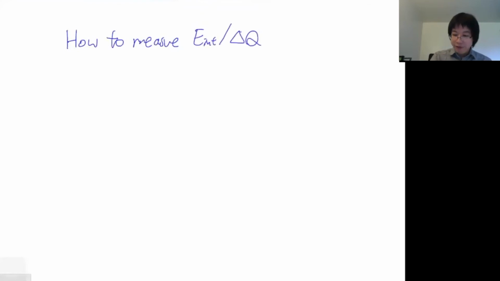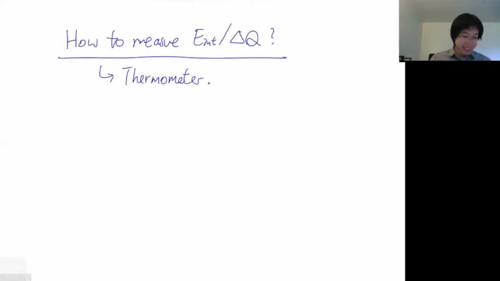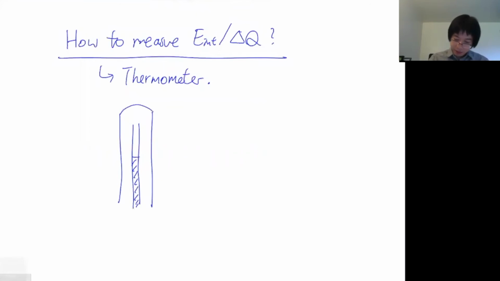Slash heat flow. We know the answer is a thermometer. So what is a thermometer? Let's define it once and for all as well. I'll draw a big picture. Let's say it has a column of mercury inside, or any liquid, like this. Right, so first of all, the layer has to be very thin, so it can conduct easily.